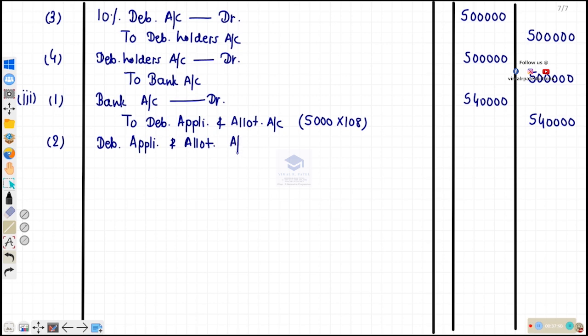Debenture application and allotment account debited to 10% debenture, issued at premium. So to security premium reserve.